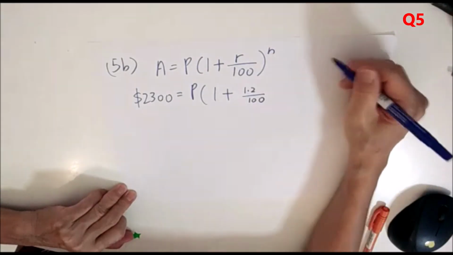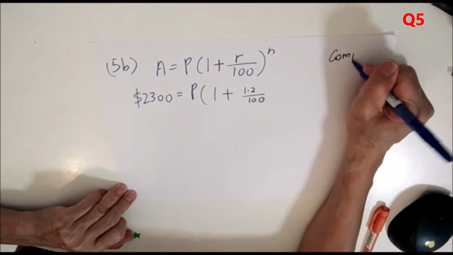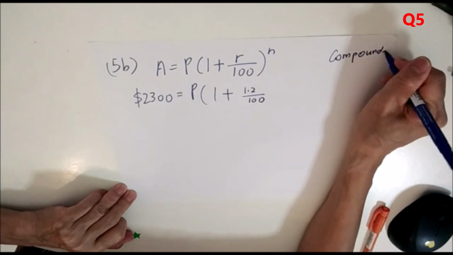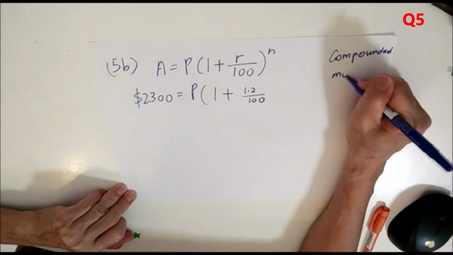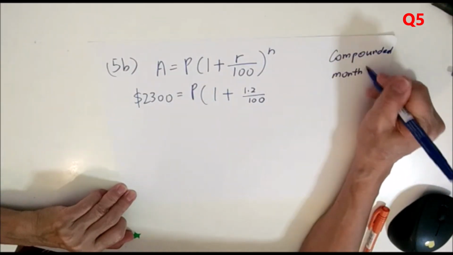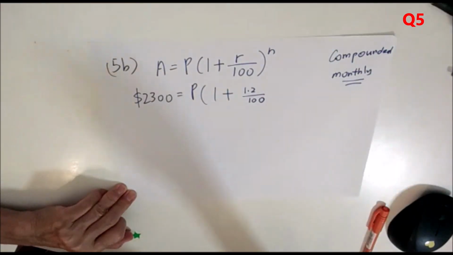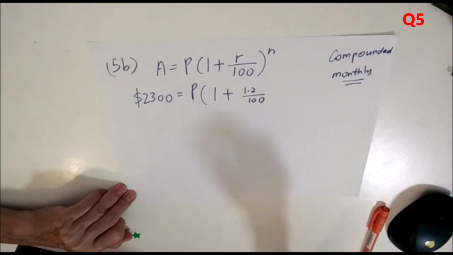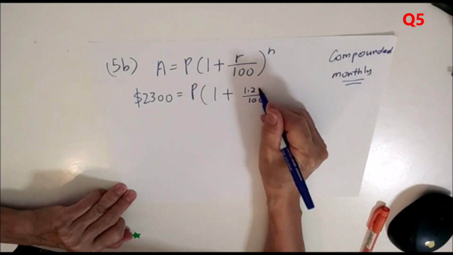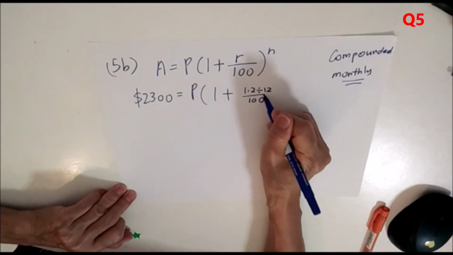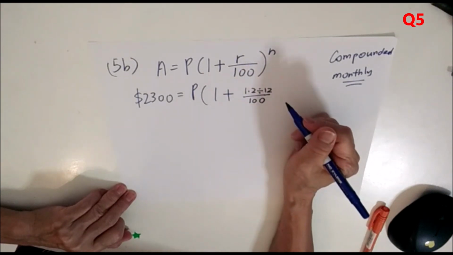But take note that this question is compounded monthly. So 1.2% is given for the whole year per annum. So for per month, you must divide by 12 because it's compounded every month.